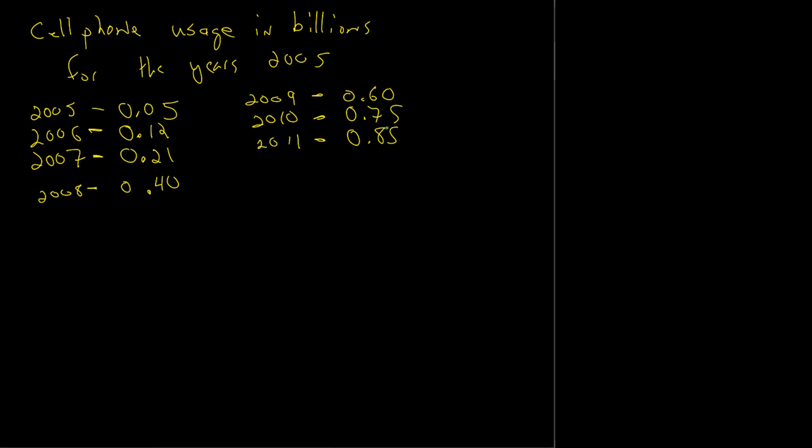And so we have cell phone usage, the number of cell phone users. Since there's a population here that has a total number, we're going to look at a logistic model.